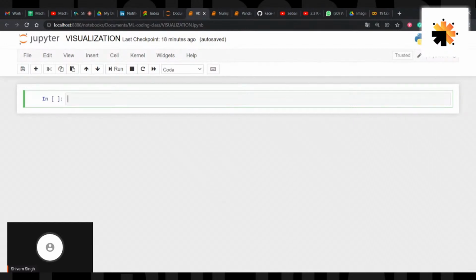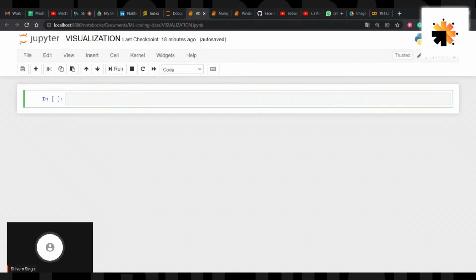As I told you, NumPy stands for numerical Python. It is for scientific computation. Scientific computation means any kind of mathematical calculation, any calculation based on a matrix, maybe a two-dimensional or three-dimensional matrix.